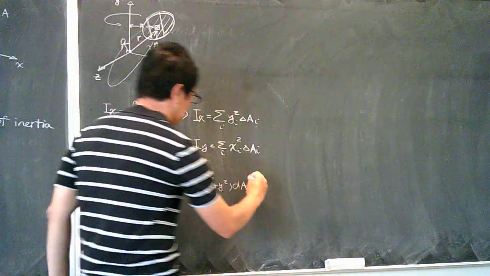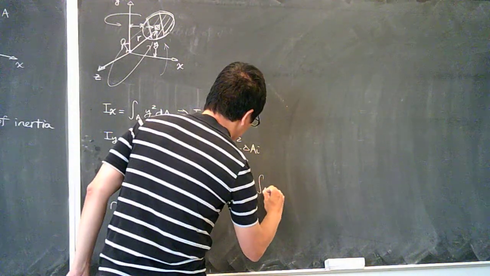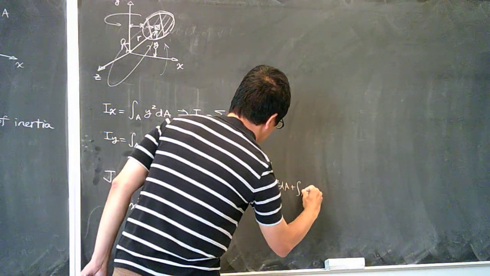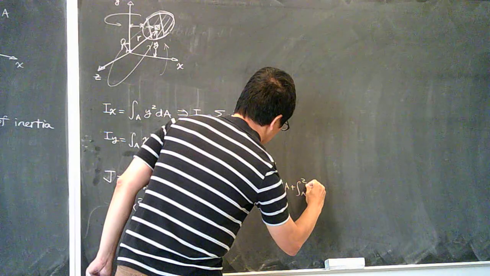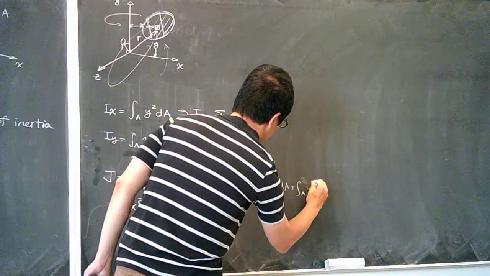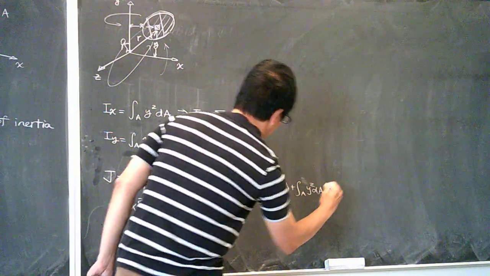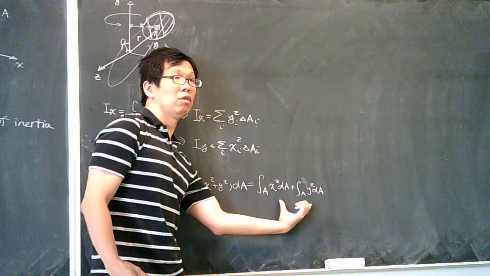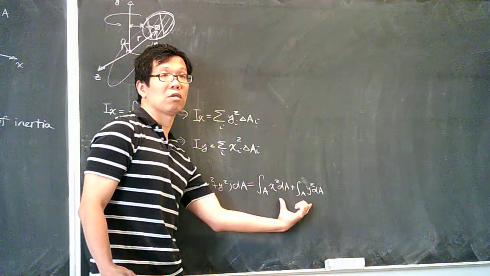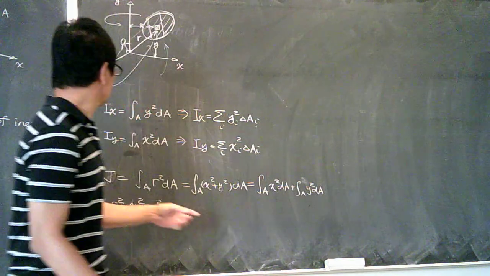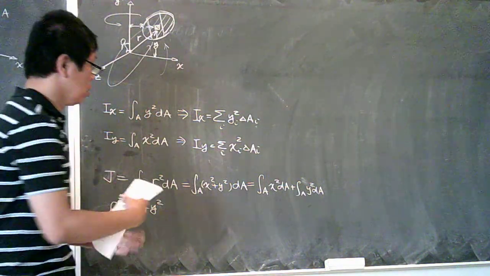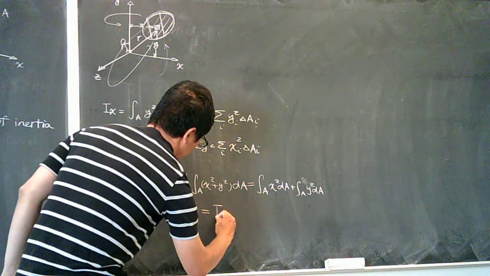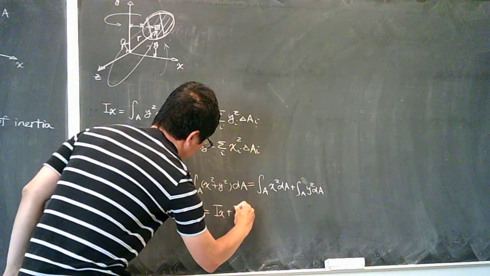Or if you separate everything into two terms, do those two terms look familiar to you? They are actually this one and this one. So we can conclude J equals Ix plus Iy.